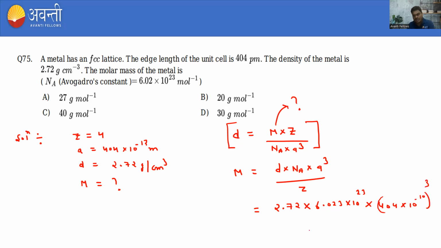And divided by what? Z. What is Z here? That is 4. So this is a very simple calculation. On solving, you will get 27 gram per mole. So this is the molecular mass. Which option is correct? That is option number A. So option number A is absolutely correct for this question, right? I hope this is clear to you.